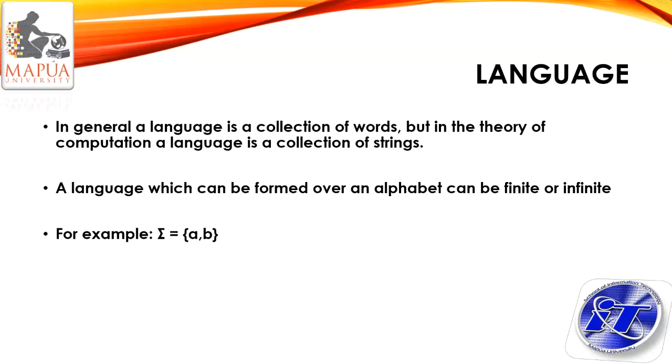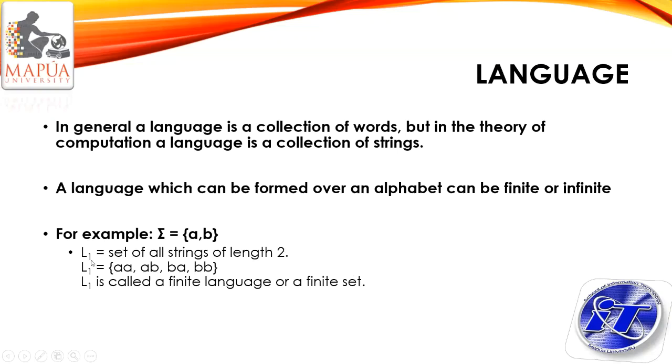So for example, we have sigma containing A, B. For language 1, we use L1 with a subscript. Language 1 is equal to the set of all strings of length 2. So we define the string length. Based on this, we have 4 possible strings. Since we could count the number of strings, it is a finite set, a finite language.